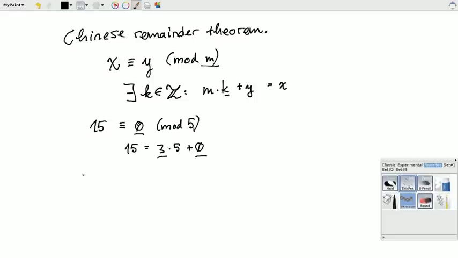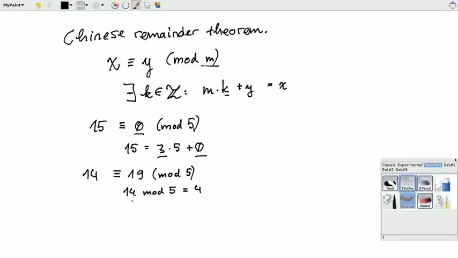Or also 14 is congruent with 19 modulo 5 because 19 is equal to 5 plus 14. Or also because 14 modulo 5 is equal to 4.